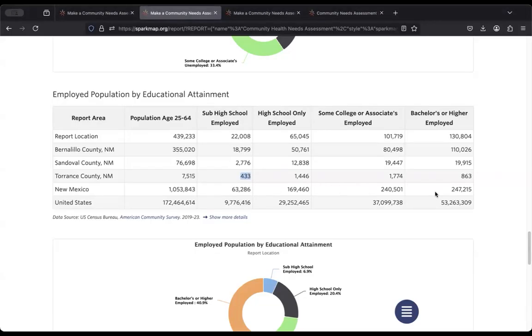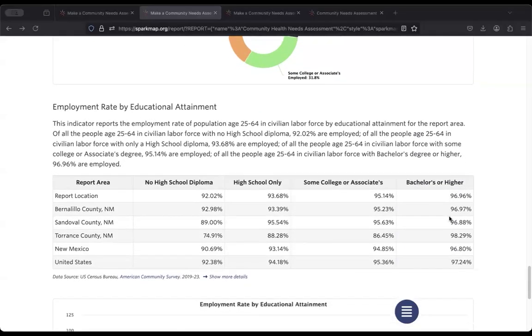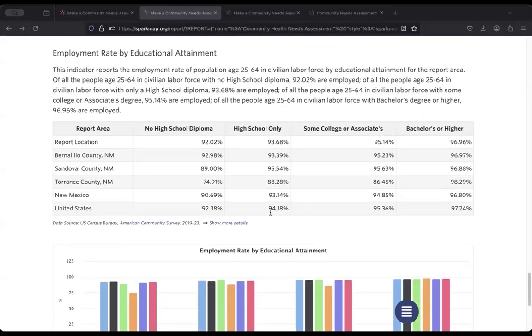And again, we can see some variation between the associate's degree and the bachelor's degree. In Sandoval County there's not a lot of variation there, but in Bernalillo County there is a little bit more variation. That could be something we could look into as well. Then we get those rates here, and this is very telling, I feel like, of no high school diploma.